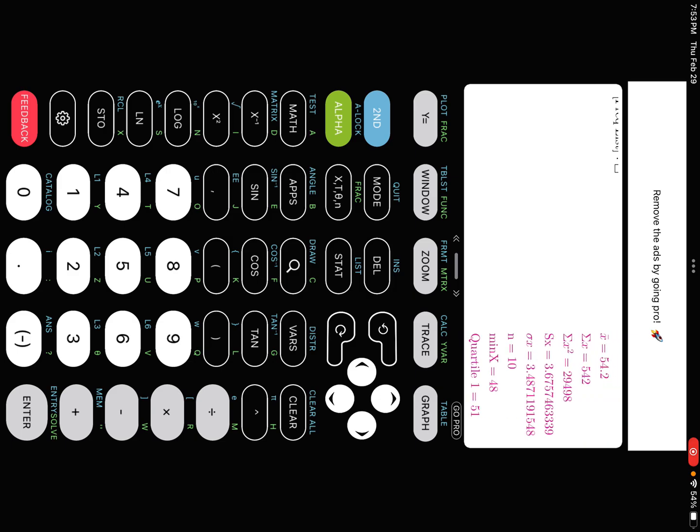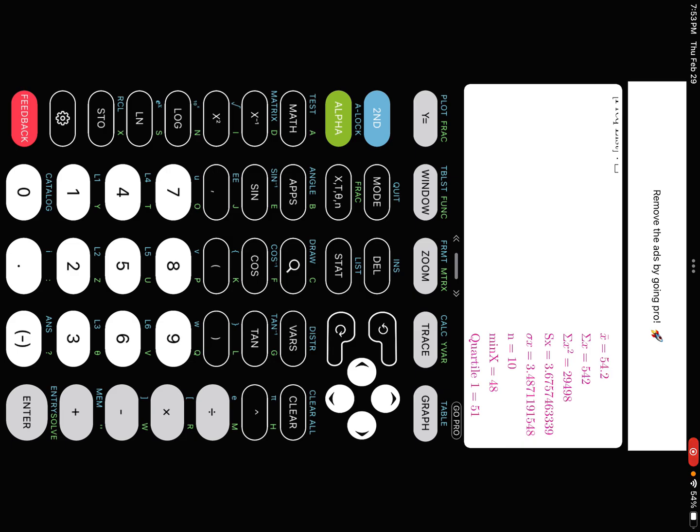So if you were just taking the standard deviation for the sample and assuming the sample was a whole population, you would take the 3.48. If you were taking all the samples and you wanted the sampling standard deviation, we've done that formula before.